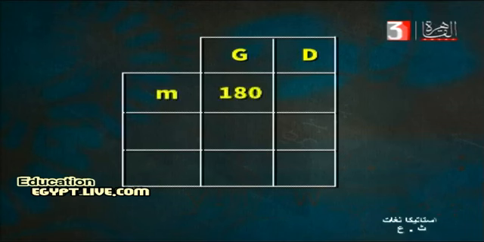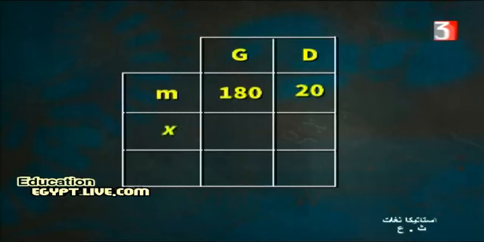My dear student, by forming the table of masses and their coordinates, we have 2 points only, or 2 masses represented at 2 points, at G and at D. G represents the centroid. What do we mean by centroid? The intersection point of its medians. Then the mass at G is 180, mass at D equals 20 from the given.